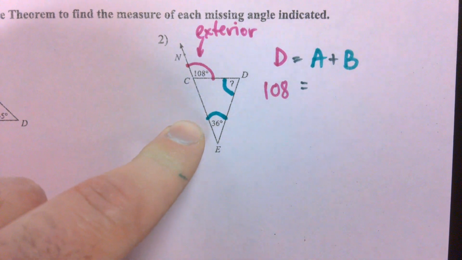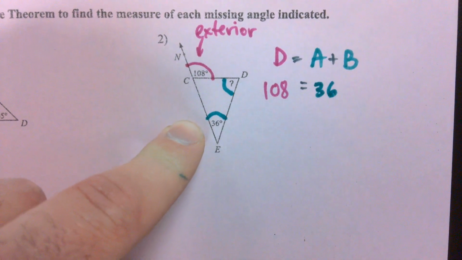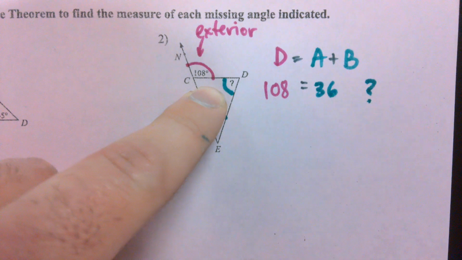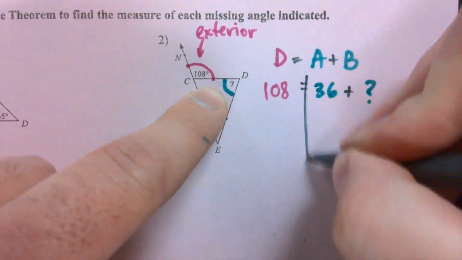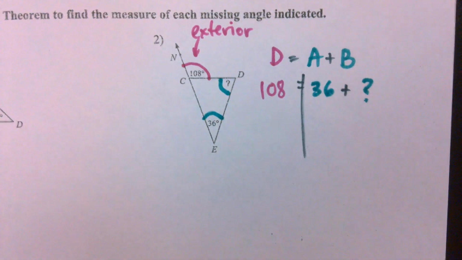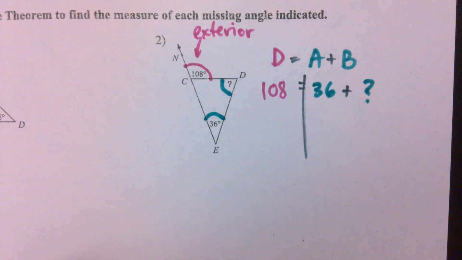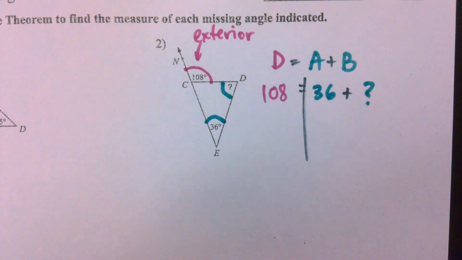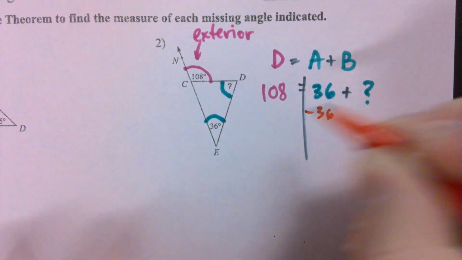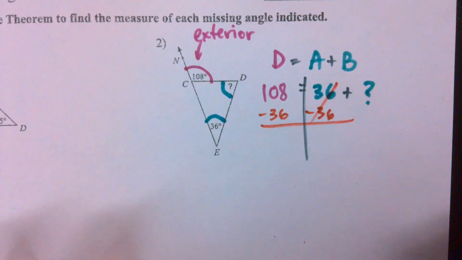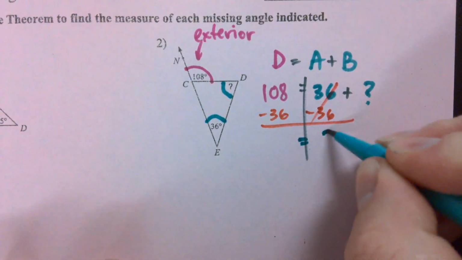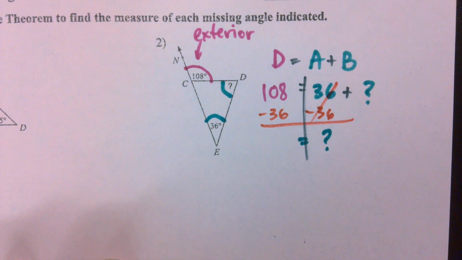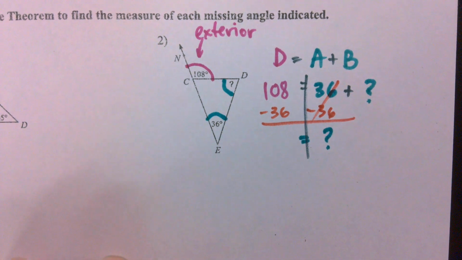I know one of my interior angles is 36. One of them is unknown. I'll call it a question mark. Now, how can we get the question mark all by itself? Subtract 36. 108 minus 36 should give me 72 degrees. Great job.